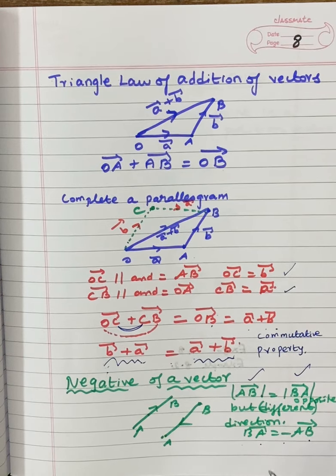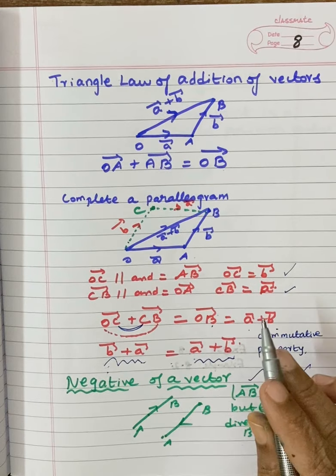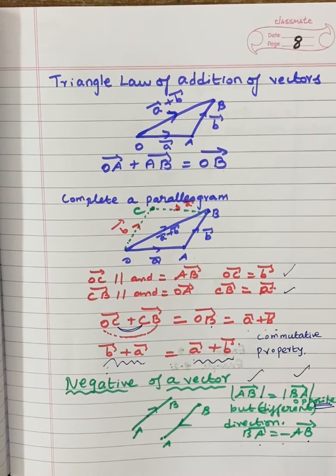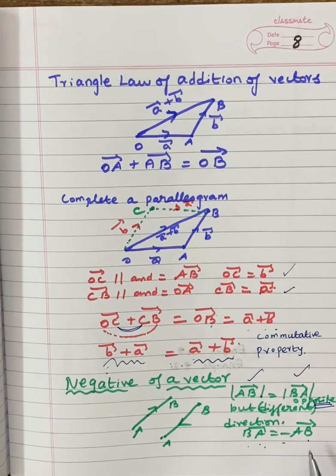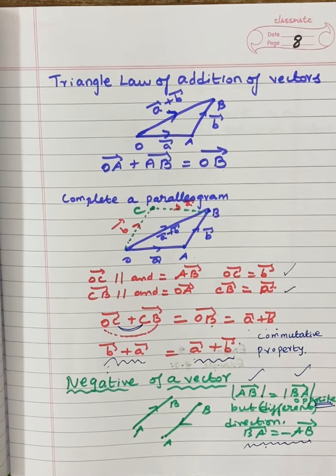Different means you cannot have any direction. Opposite to this: from above means below, right means left. Just opposite direction. Then BA vector is equal to minus AB vector. Very important for problem solving.